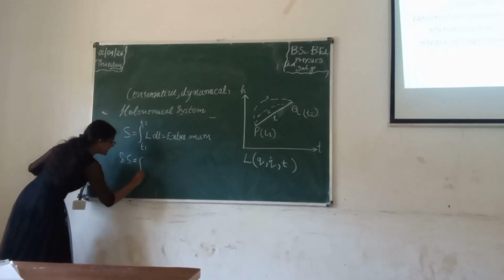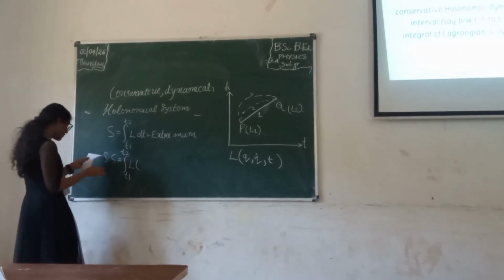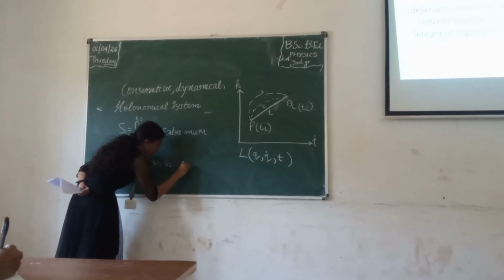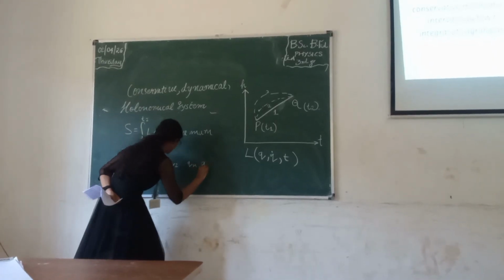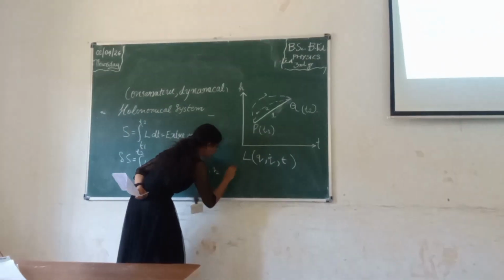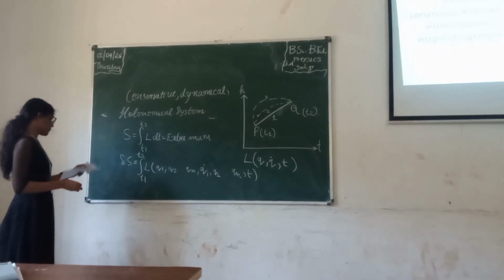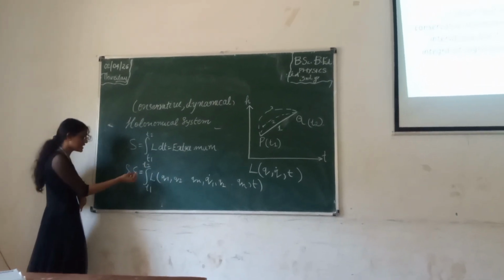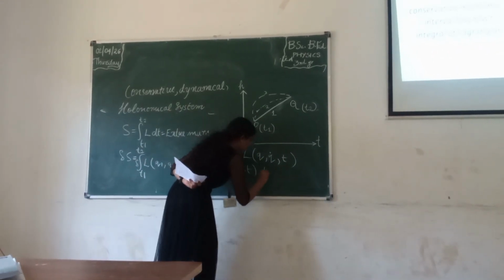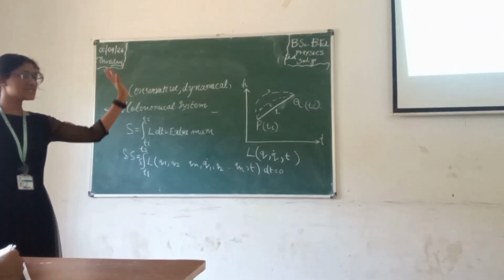So the integral from t1 to t2 of L, written as a function of generalized coordinates q1, q2, qn, and velocities q1 dot, q2 dot, qn dot, and time. If we take the variation, a variation delta sign would be applied over here also. So it would be integral of L dt equal to 0. This is the mathematical equation and that is a simple statement.